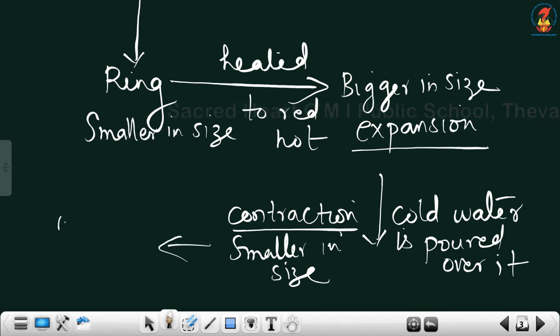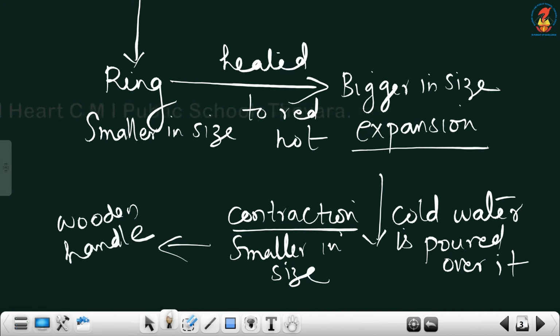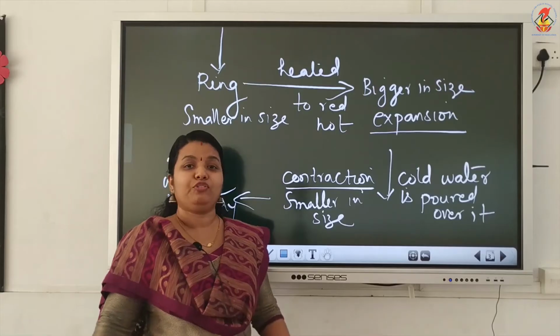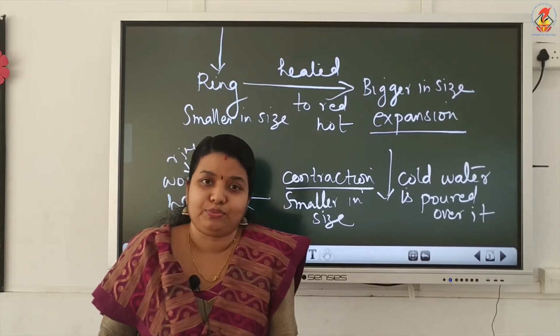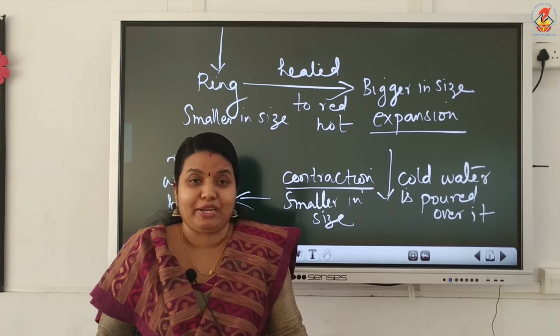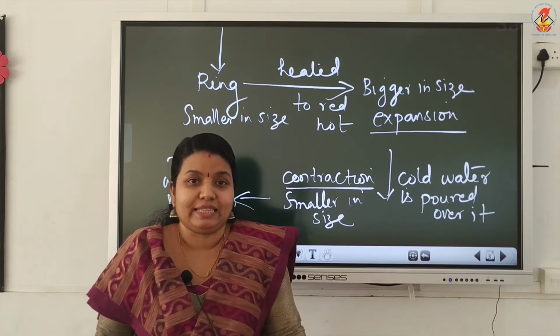Now the ring can be fixed onto the wooden handle tightly. So this is how we fix the iron blade of tools used for digging the soil.